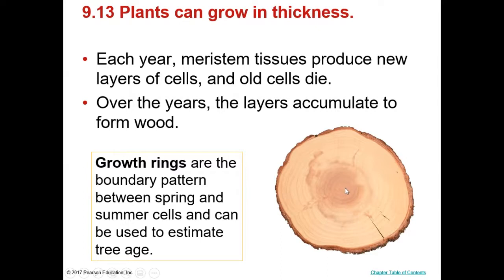Meaning that as long as it has the nutrients and the water necessary, the plant's going to keep growing for years to achieve very, very tall heights. Those layers, as they grow throughout the years, are known as growth rings, and we can count these growth rings in order to infer the age of the plant.